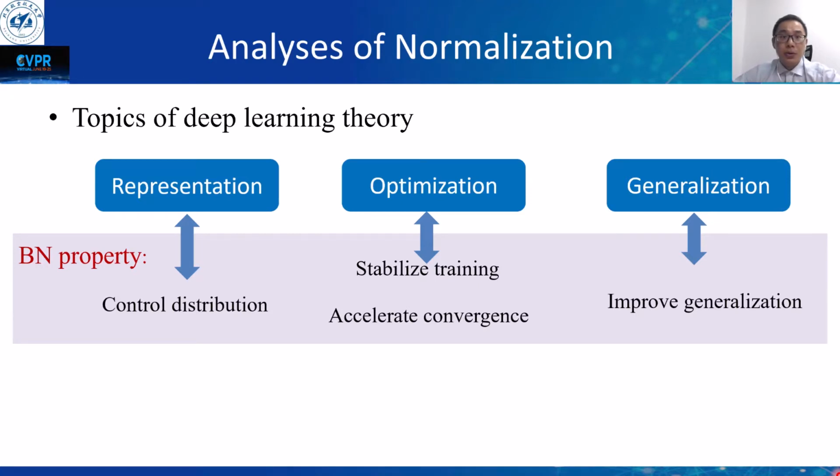performance. Regarding the theoretical analysis of machine learning or deep learning, it usually involves three main topics, that is, representation, optimization, and generalization.